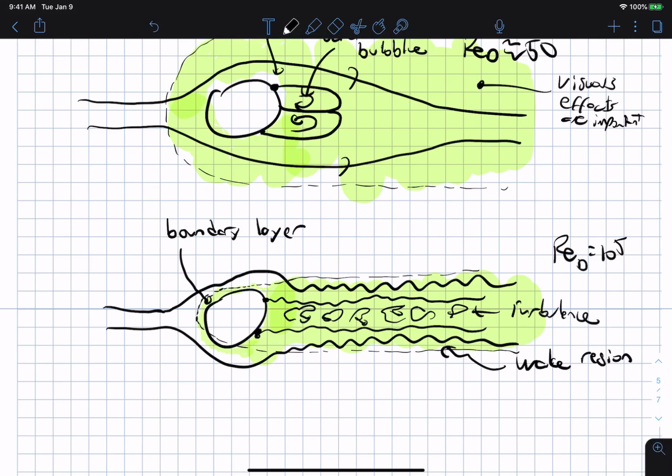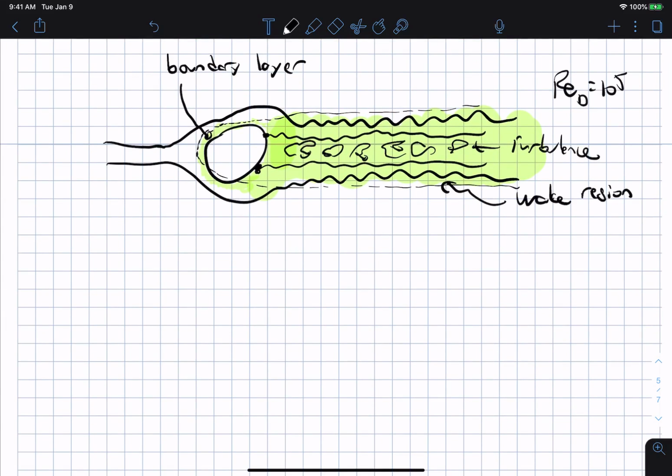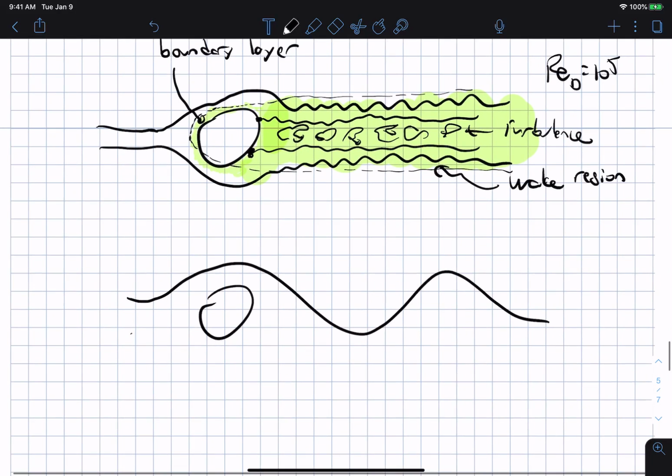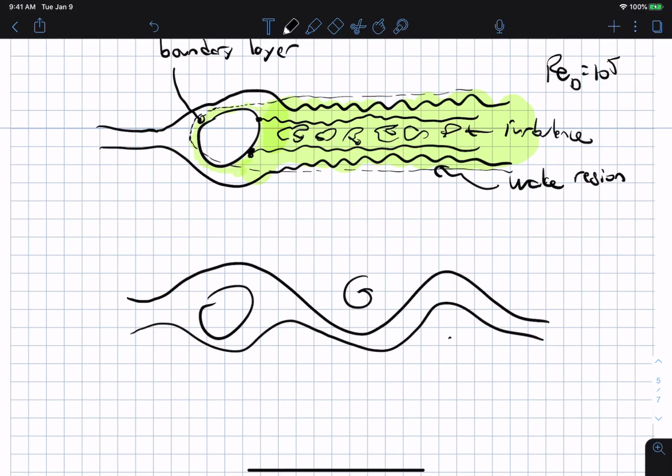Okay, and there's sort of a fun region where if the Reynolds number is between 60 and 5,000, the flow behind the cylinder actually oscillates. And I've sketched this a few times, and I've been promising a video, so I'm going to show it.